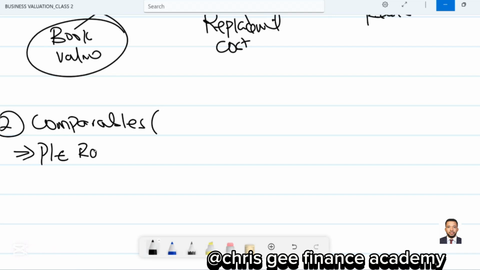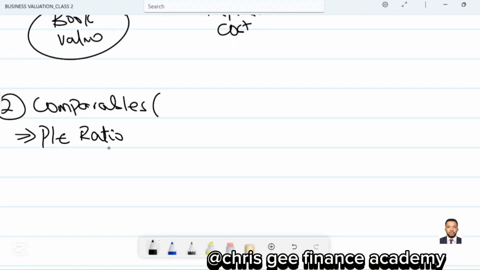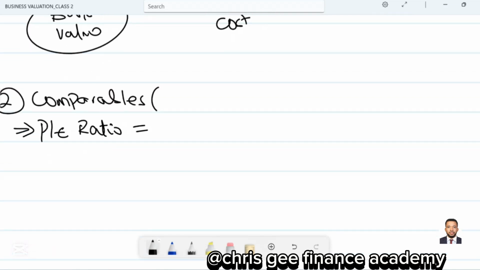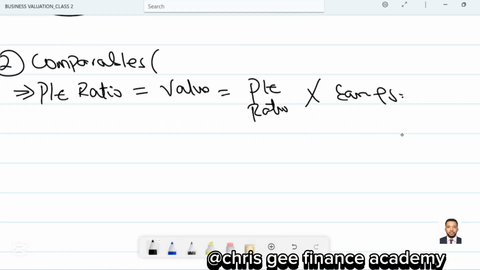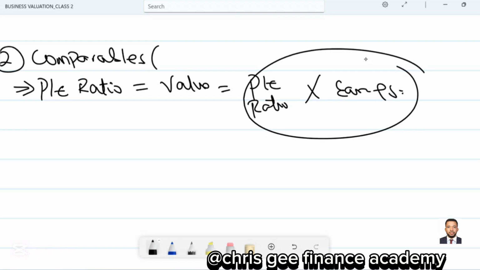When you talk about PE ratio, we are saying that the value of any business or any company is gotten by multiplying the PE ratio by what? By the profit after tax. Does that make sense to us? Yeah. Value equals PE ratio multiplied by the earnings of that company, right? And that should give us the value.